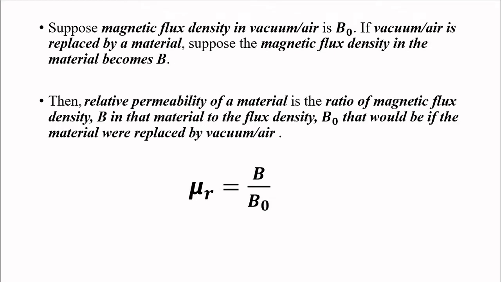So relative permeability of a material is the ratio of the magnetic flux density in that material, which is B, and the magnetic flux density if it were replaced by vacuum or air, that is B0. B by B0, the magnetic flux density of that material and the magnetic flux density of vacuum or air, is the relative permeability. Here vacuum or air is the reference with respect to which the permeability of all the other materials is measured.